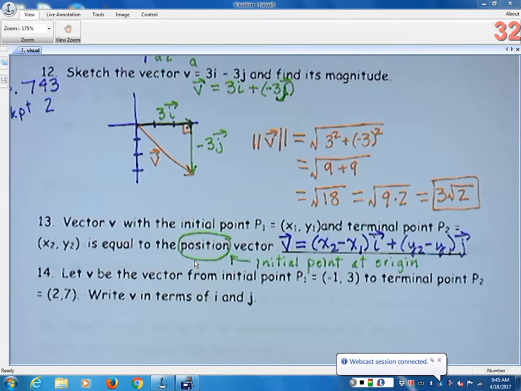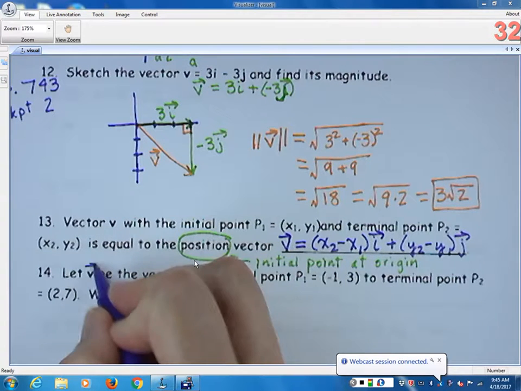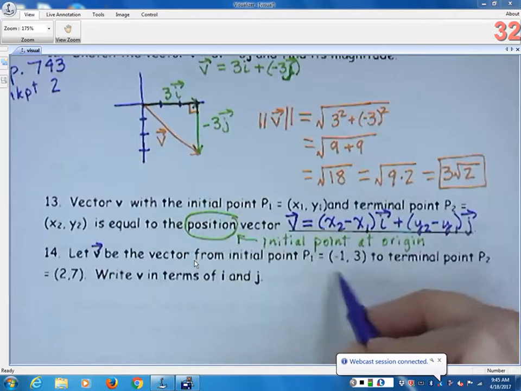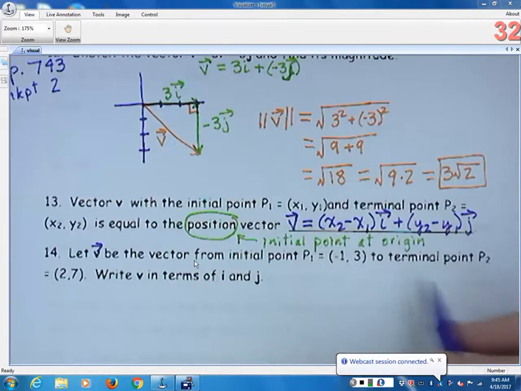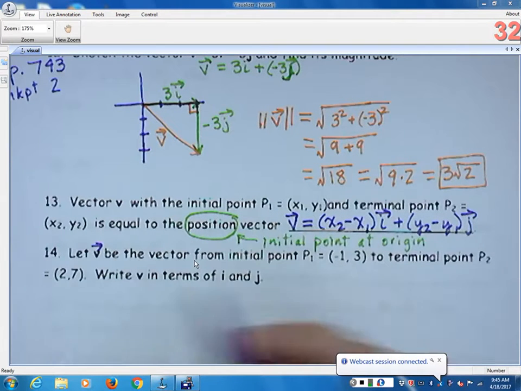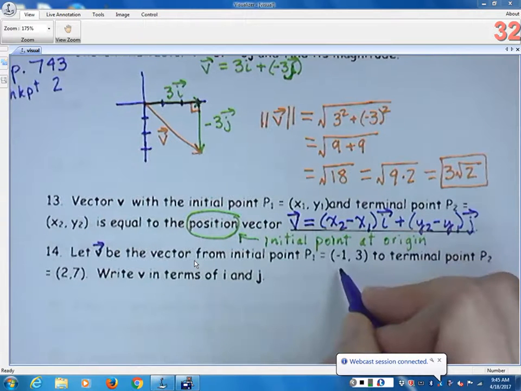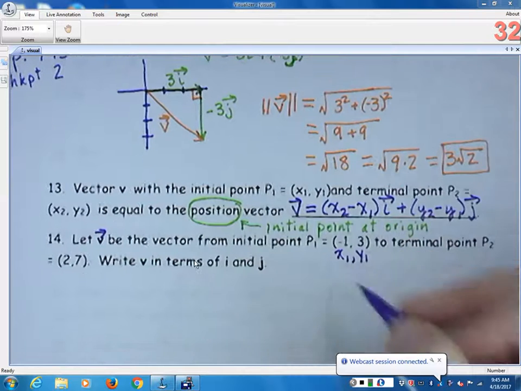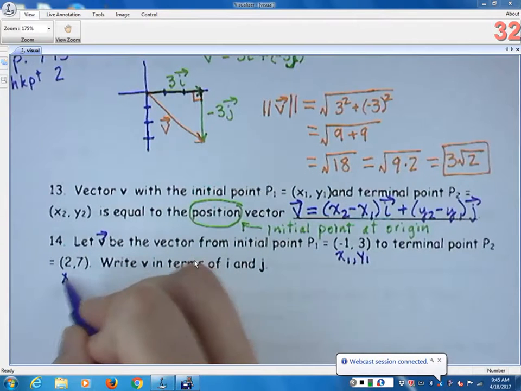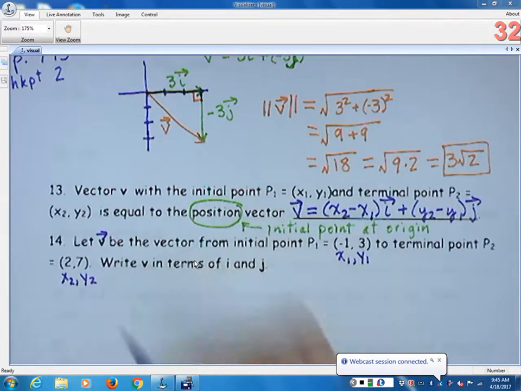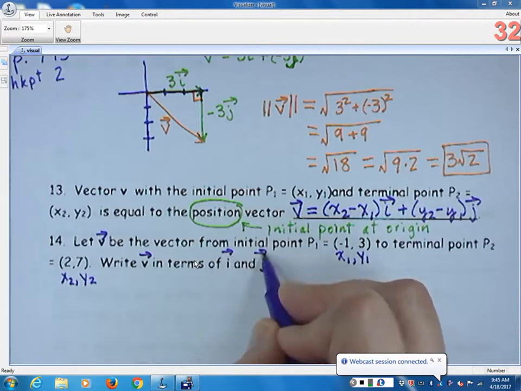So we're letting v be the vector from point 1, initial point, (-1, 3). The terminal point, P2, is (2, 7). This is x1, y1, x2, y2. Write v in terms of i and j.